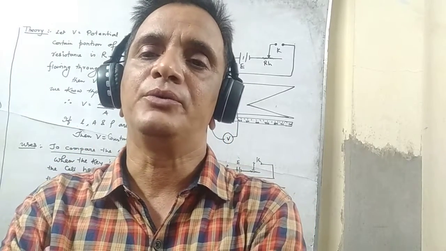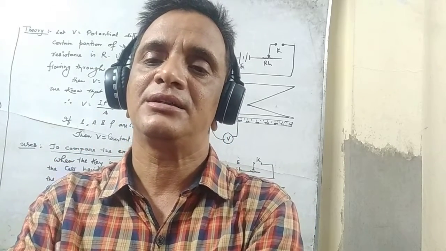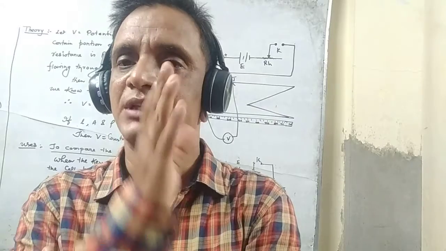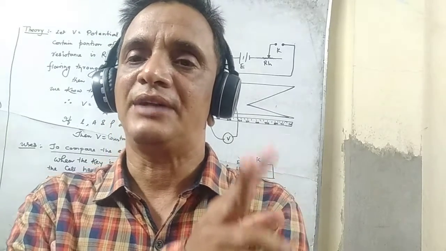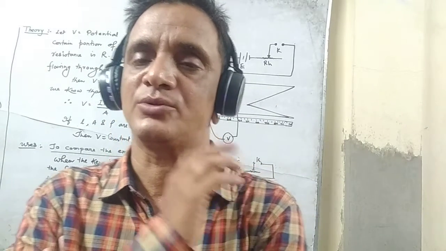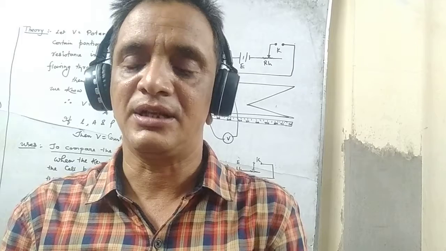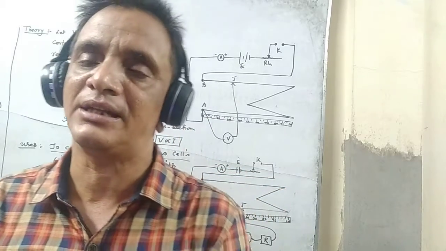So what we do is cut this 10 meter wire into 10 pieces, each of 1 meter length. So the potentiometer wire consists of 10 meters of wire, cut in lengths of 1 meter, and they are connected internally with each other.